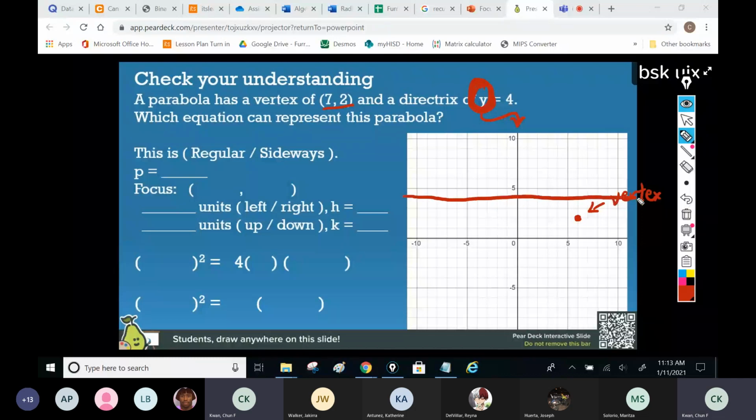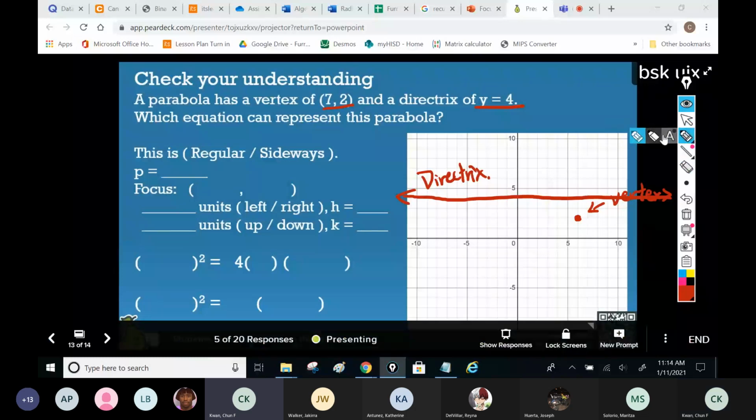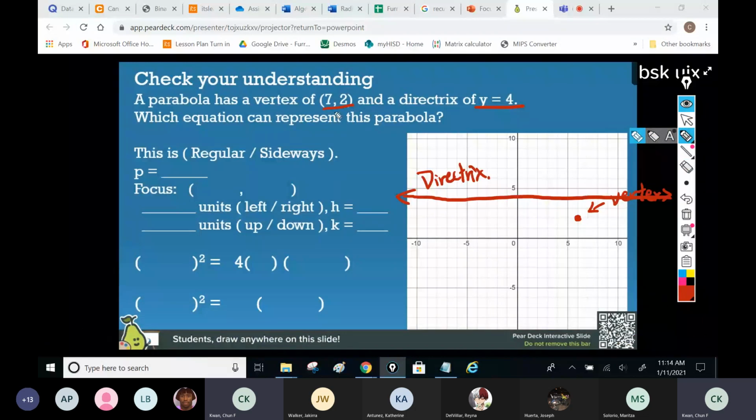It's hard to draw a straight line, but you find positive 4 on the y-axis and then draw a line, and that would be your directrix. If you are stuck on that, that's fine. It is okay, you are learning this. Practice makes perfect. Don't feel bad about this.